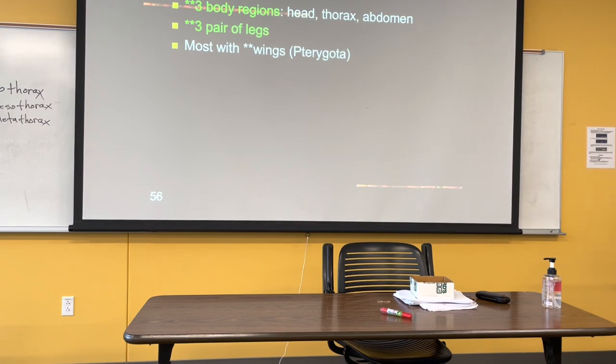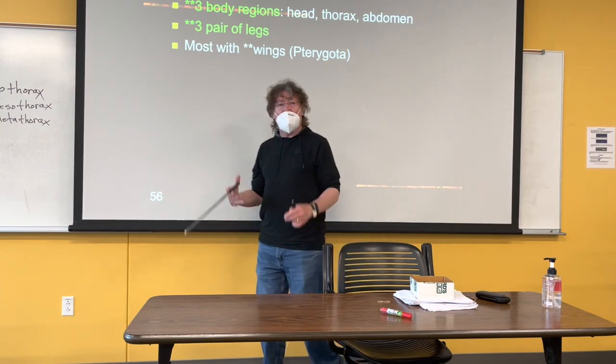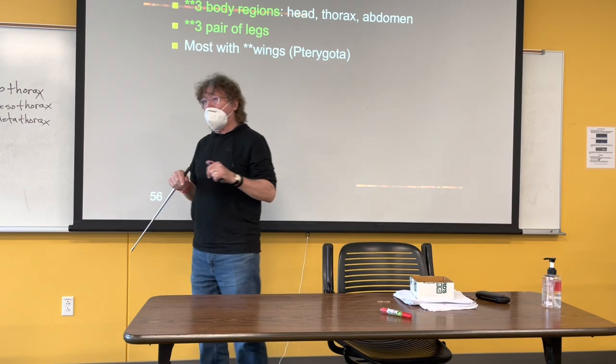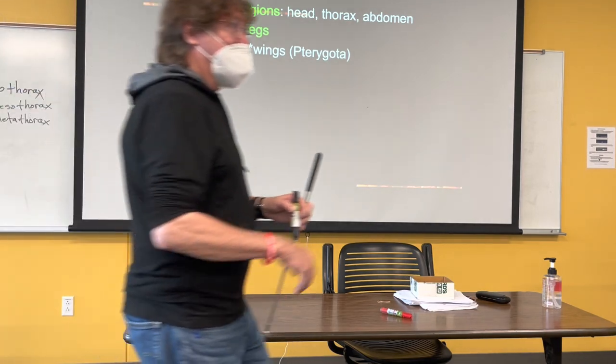Okay, so Pterygota, these have 2 pairs of wings. It's controversial where the wings came from. They may have come from flaps, ridges on the dorsal part of the exoskeleton in those segments, but it's not real certain. You notice you spelled it Pterygota.